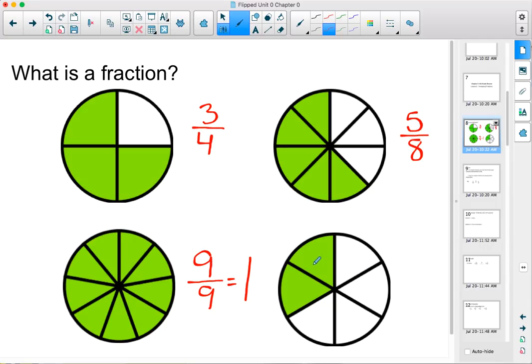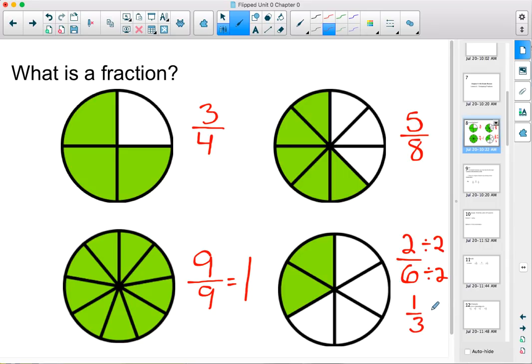Finally, we have this model, and there are 6 pieces. Of those 6 pieces, 2 of them are shaded green. Now both of these numbers are even, so I know I can simplify this fraction by dividing the numerator and denominator by the GCF, which is 2. 2 divided by 2 is 1. 6 divided by 2 is 3.